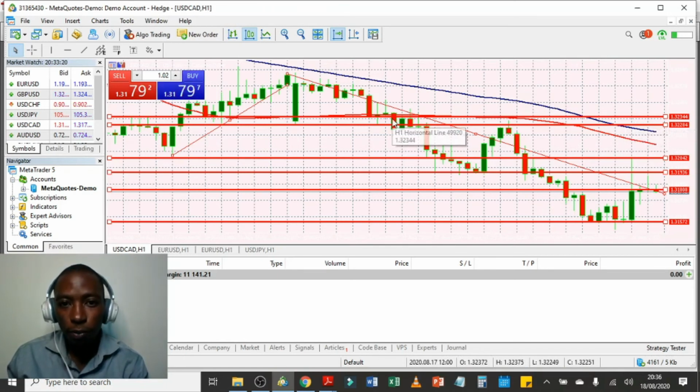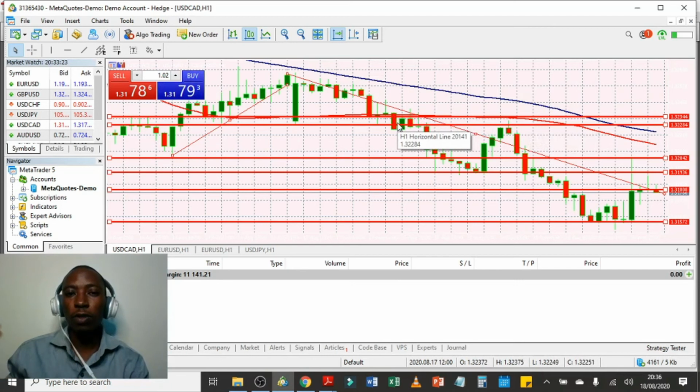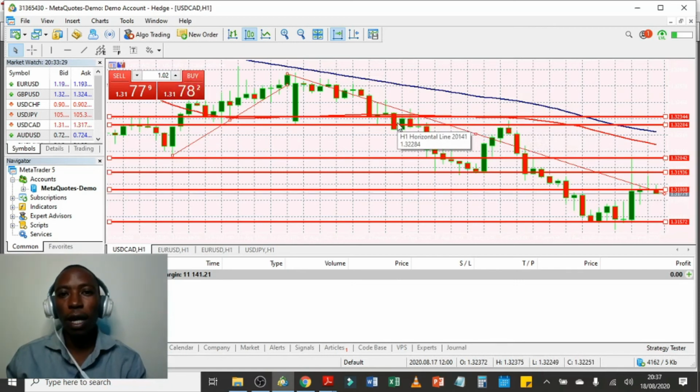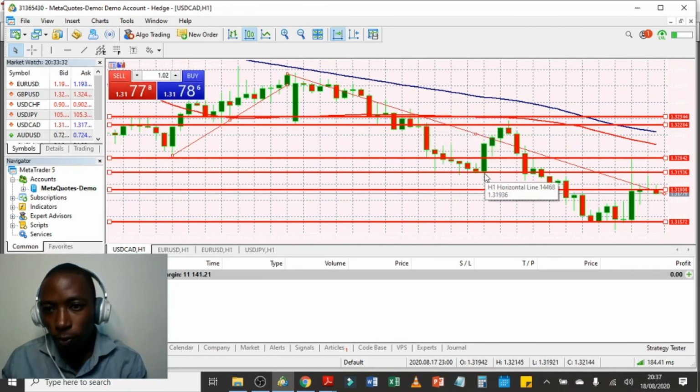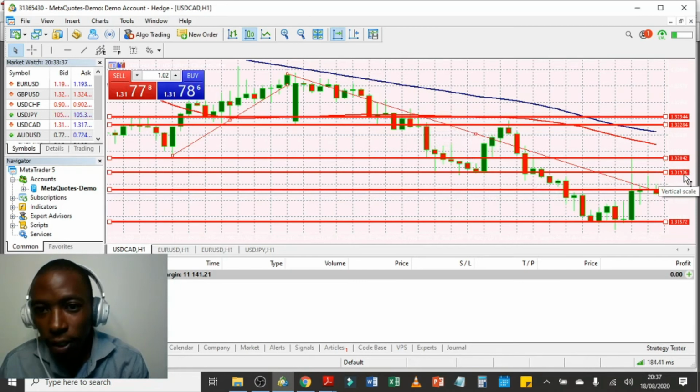And when the market broke that horizontal line or the 50-hour moving average, as you can see, it was now an opportunity for sellers to come in, and the price kept dropping up to this point, that is 1.31936.